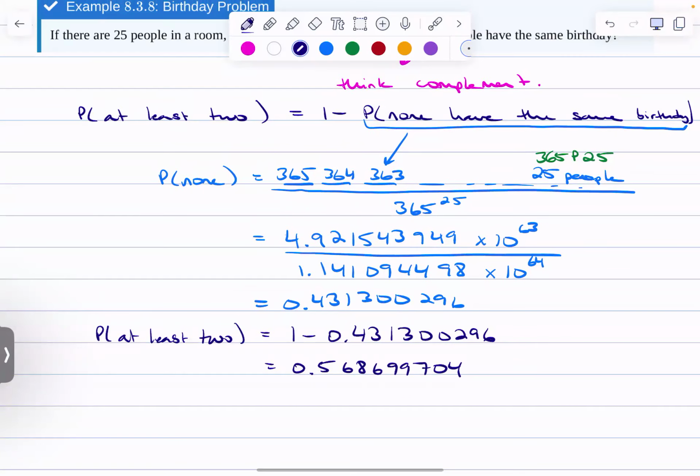From here, you could adjust the number of people that you have and find the different probabilities. But what you'll find is that pretty quickly you reach a probability over 80%, which is kind of cool.